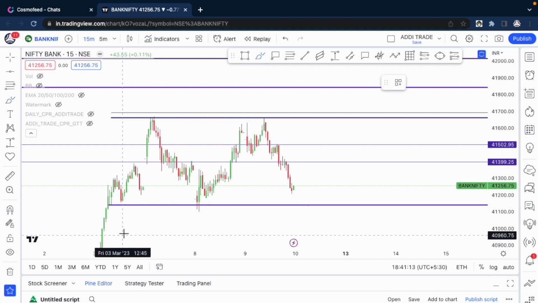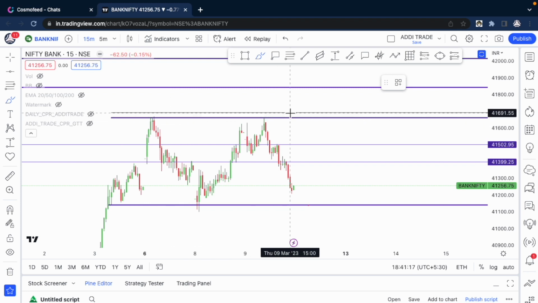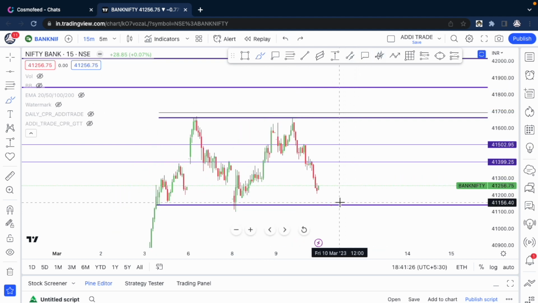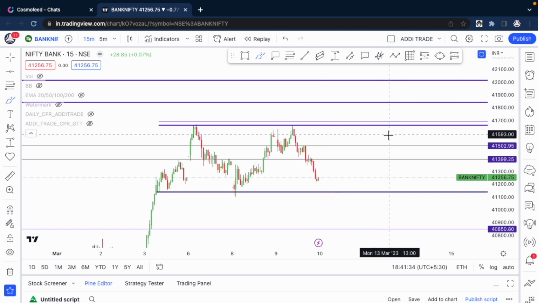We had a nice up move from 39,600 and we are sideways. The entire structure of the market will again continue to be bullish if we break out of this 41,600 level. But our view is on the downside, and the downside will work if we go below 41,040. So let's see how Bank Nifty plays out tomorrow.